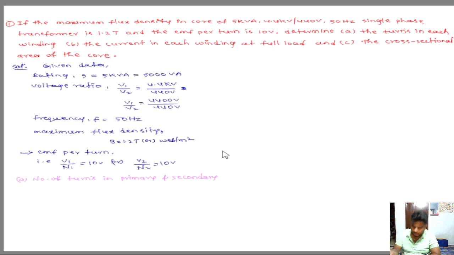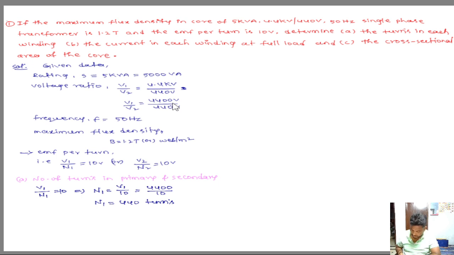From the relation V1 by N1 is equal to 10 volts, we need to calculate N1, therefore N1 is equal to V1 by 10, and V1 is 4400, so 4400 by 10. Therefore, N1 is equal to 440 turns.